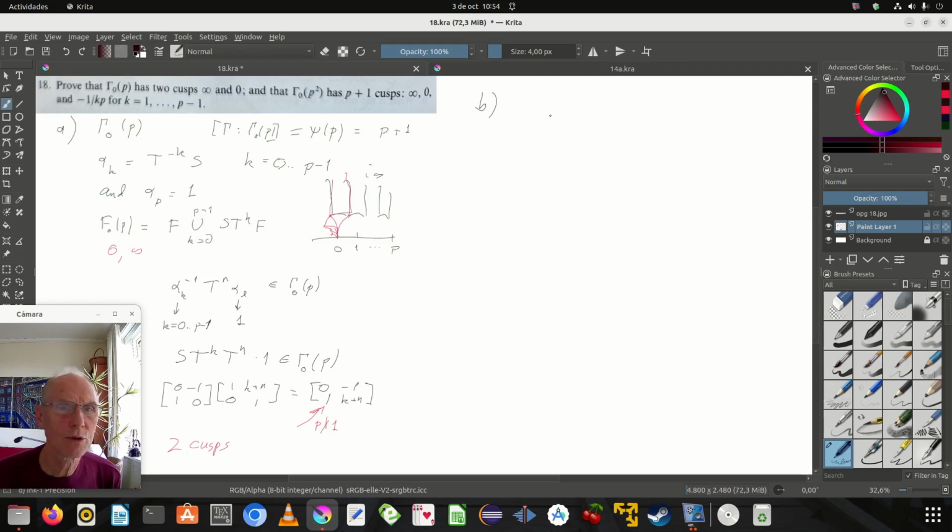Let's first do the index. So it's p squared plus p. We have unity.